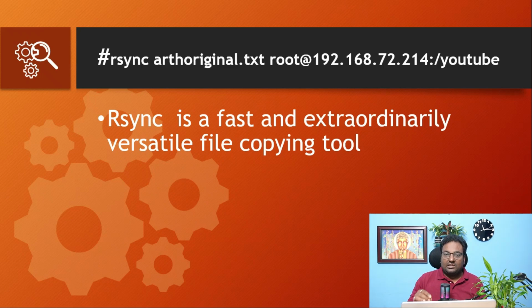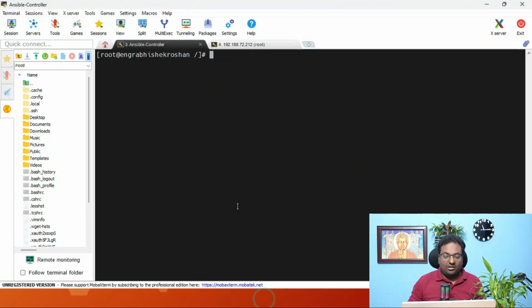But in case of rsync, if because of some network glitch the network connection timed out or disconnected, you don't need to copy from scratch, from zero. Wherever it left off, it starts from there, my friend. This is the basic difference between scp and rsync.